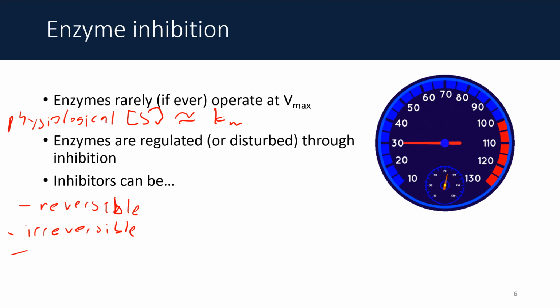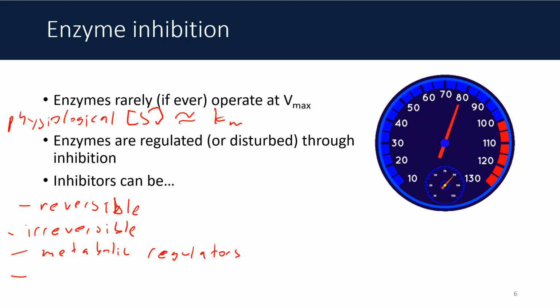Many enzyme inhibitors are metabolic regulators. We will talk all about this when we dive into the metabolism units, but this is essentially the basis of feedback loops.